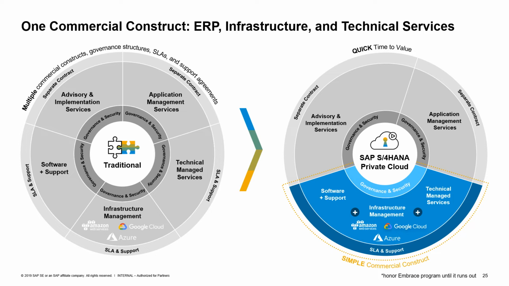Then, as you can see, more than 50% of the solution offering is provided by you, our partner. You may have one or more contracts with your customer for advisory and implementation services and/or application managed services. So with this construct, it's a lot easier to maintain and a quicker time to value for your customer.